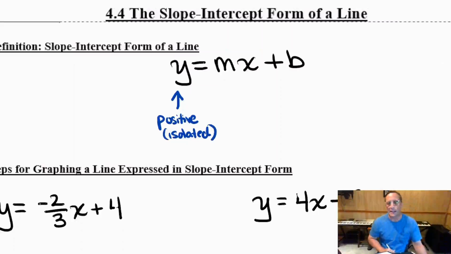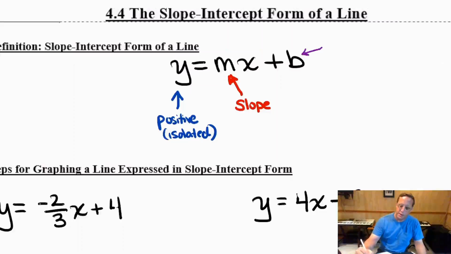That's the only thing on that side. The coefficient of x is the slope. So whatever number is with the x, whatever x is attached to, that will be your slope. And then your b, I'm not sure why it's a letter b, is your y-intercept, meaning that's where it cuts through the y-axis.